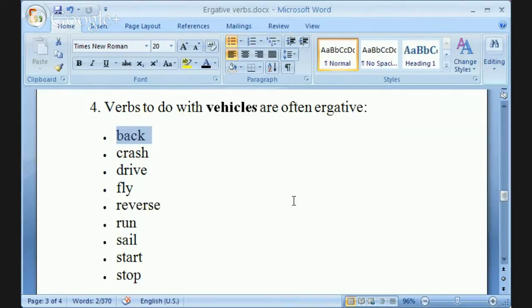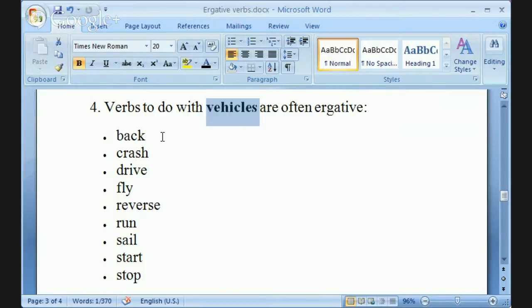It can also be a verb, especially if you think about vehicles. My car backed to the right side of the garden.